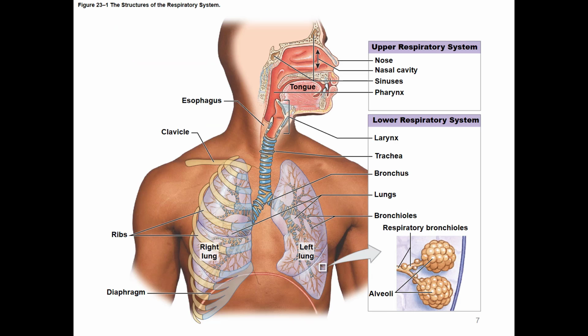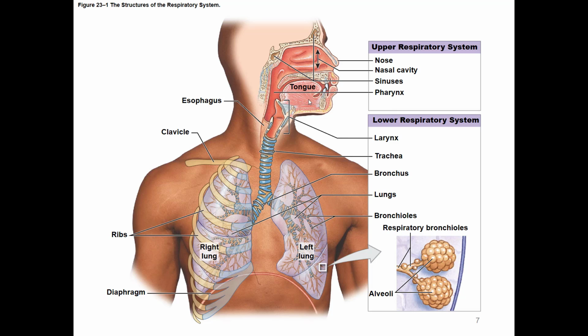So we've got our dividing line right here. So right at the larynx is where we have the beginning of the lower respiratory system, and then above the larynx would be our upper respiratory system. And we do divide these because each section of the respiratory system has a different function in breathing.